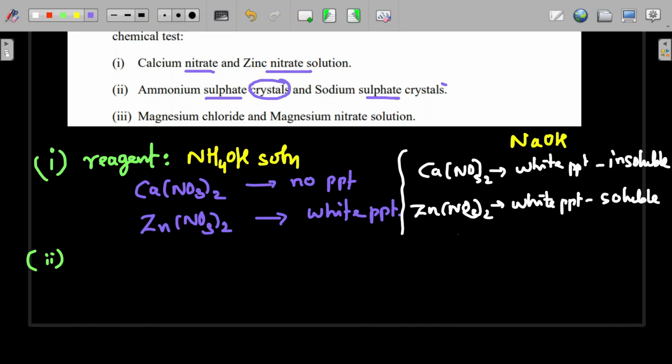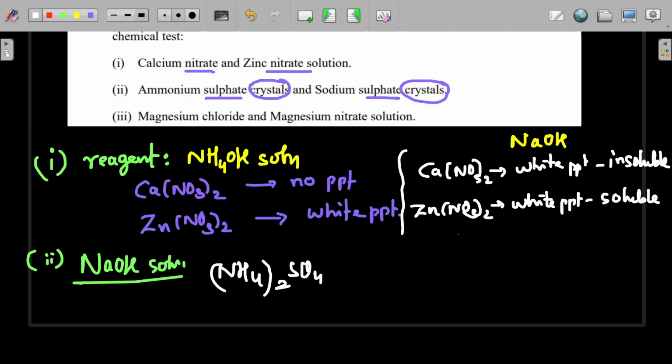See here, crystals they have given now, correct? So I will take sodium hydroxide solution. What happens here? No precipitate in both the cases. But you are taking ammonium sulfate crystals, and to that you are adding NaOH.